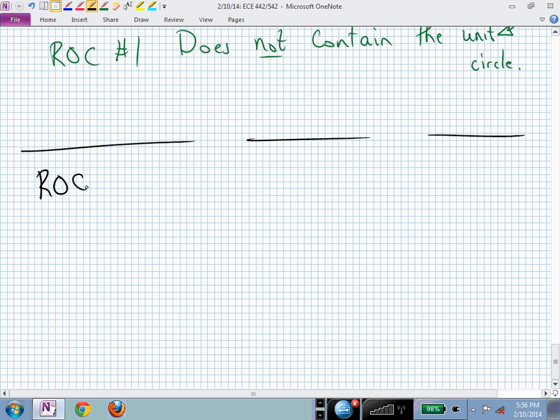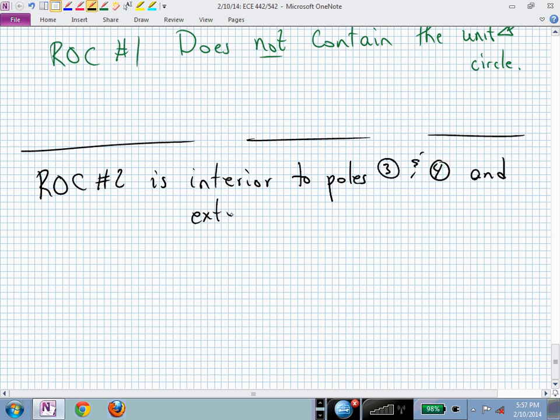Region of convergence number 2 is interior to poles 3 and 4, and exterior, well, maybe I should have said poles at 3 and 4, because I'm not circling these, am I?